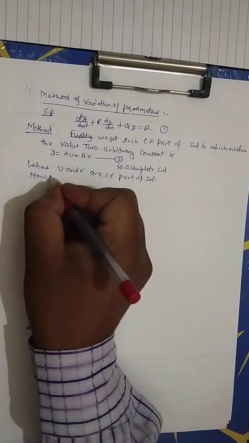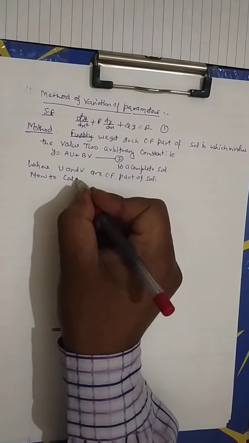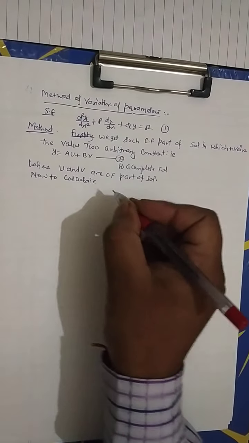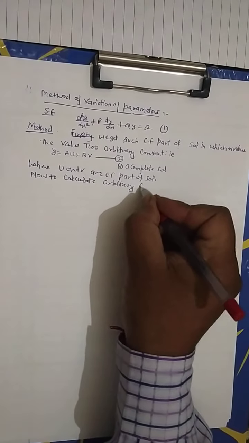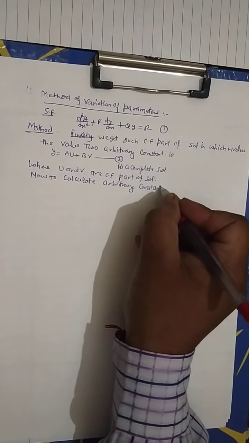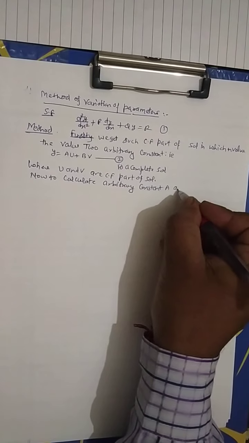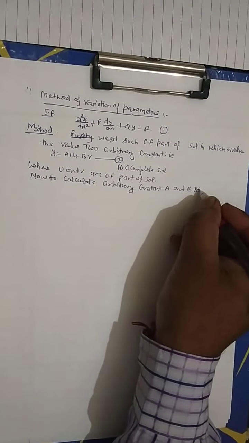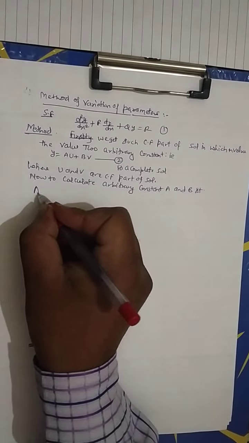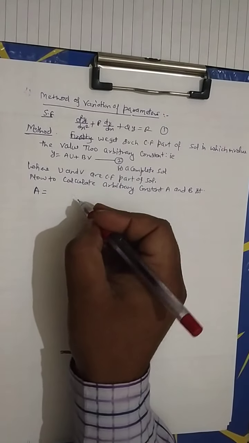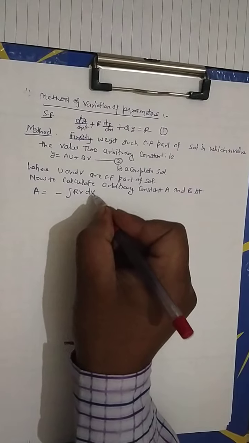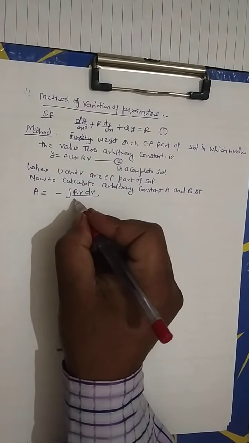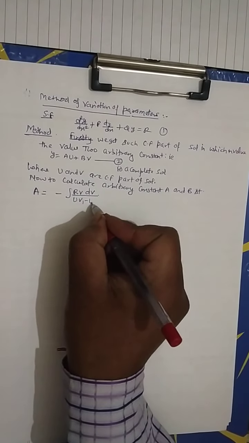Now to calculate the arbitrary constants A and B, A is equal to minus integration of Rv dx upon uv1 minus u1v.